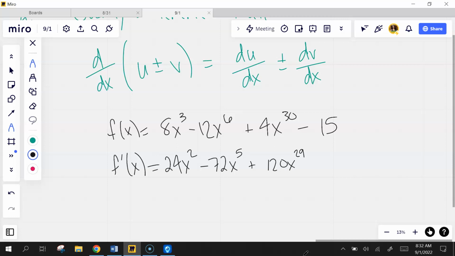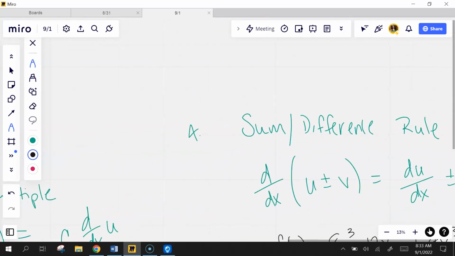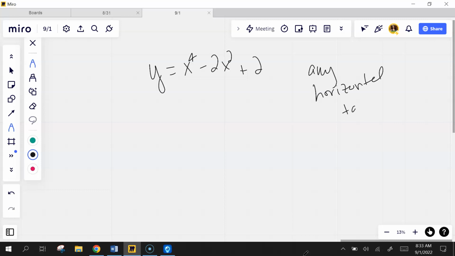Let me stop right here and do a little problem to show you how we're going to use this to do what we had been doing. Let's say I have y equals x to the 4th minus 2x squared plus 2. And I say, does this have any horizontal tangents?